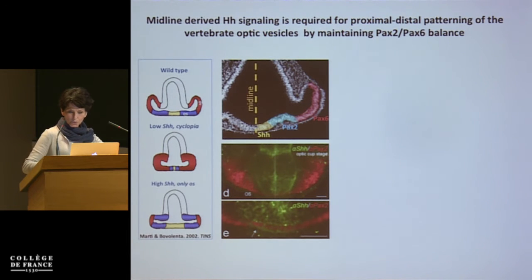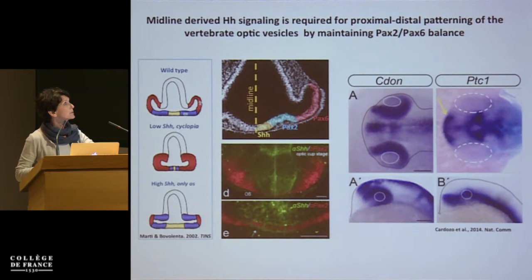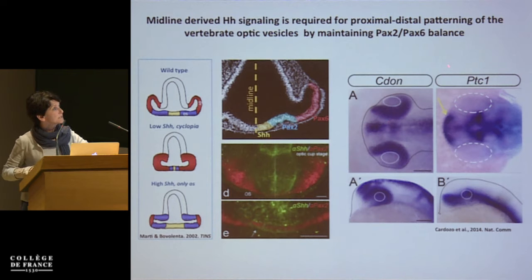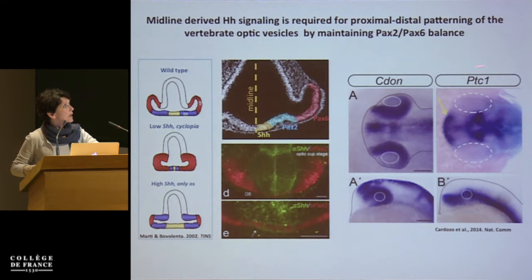Now, we in the lab were interested in understanding Kidon function, and we observed that in zebrafish, Kidon is expressed throughout the optic vesicles in an overlapping pattern with Pax6, whereas Patched, the Sonic receptor, is expressed in the optic stalk, very much overlapping with Pax2 expression.